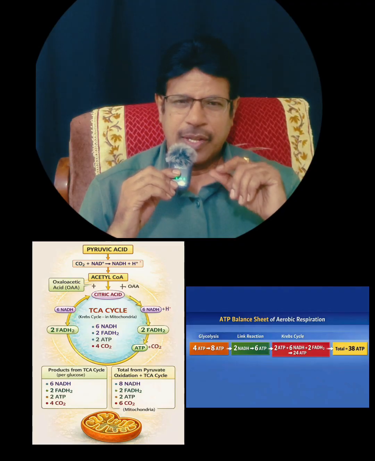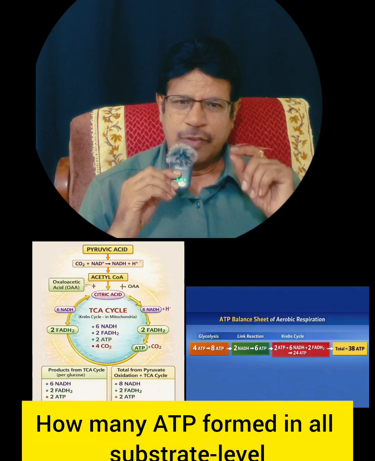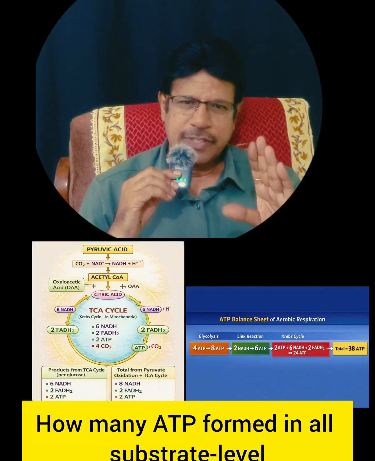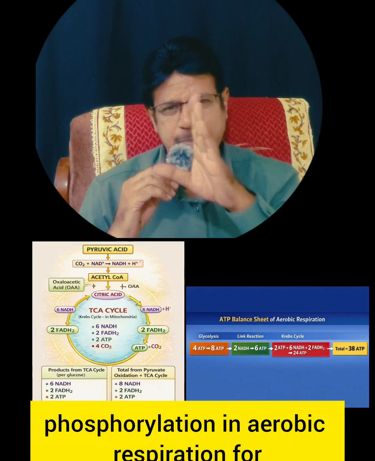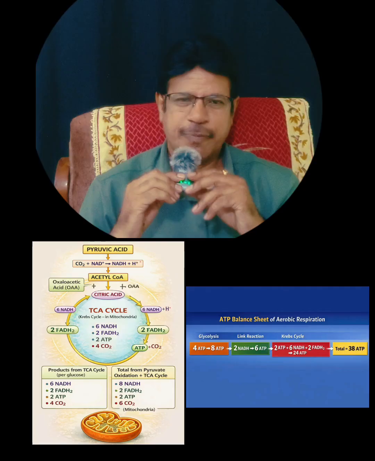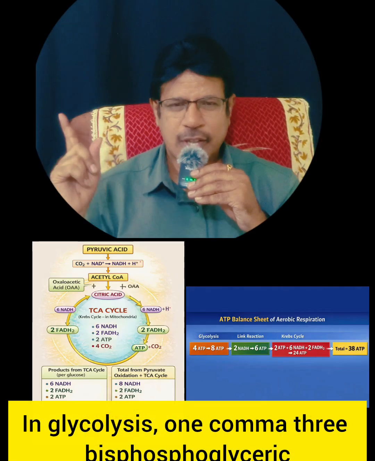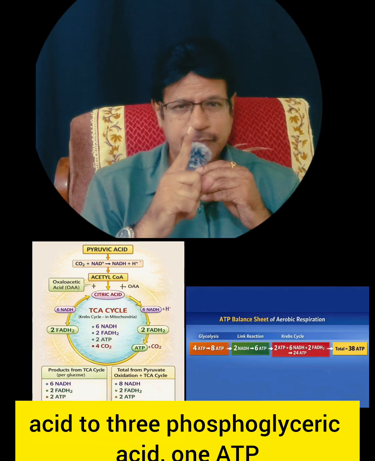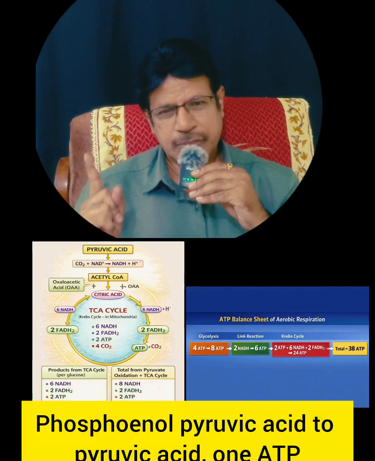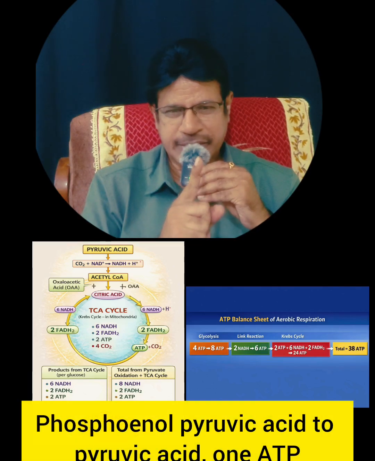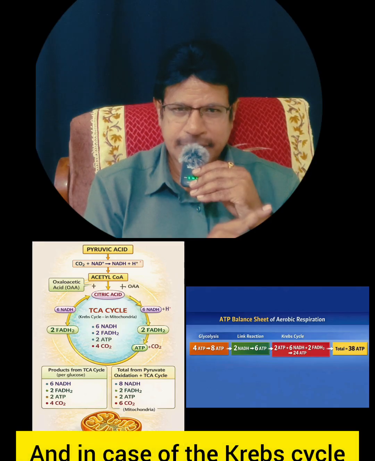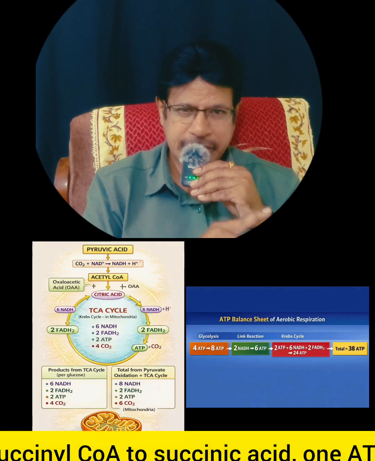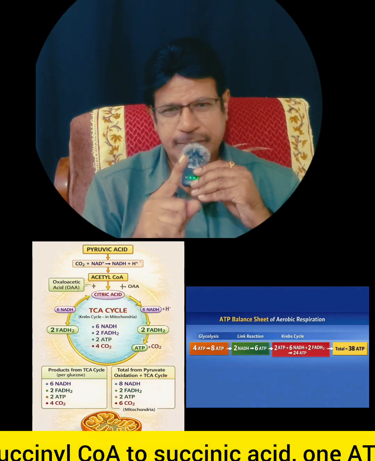Next, how many ATP are formed in all substrate level phosphorylation in aerobic respiration per one glucose molecule? In glycolysis, 1,3-bisphosphoglyceric acid to 3-phosphoglyceric acid, 1 ATP. Phosphoenol pyruvic acid to pyruvic acid, 1 ATP. And in the Krebs cycle, succinyl coenzyme A to succinic acid, 1 ATP.